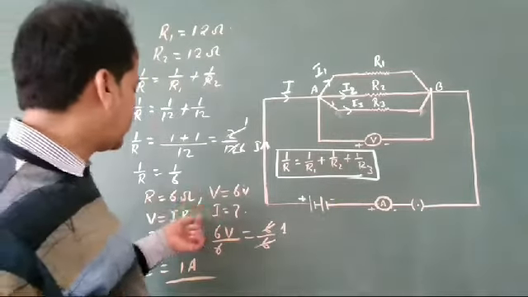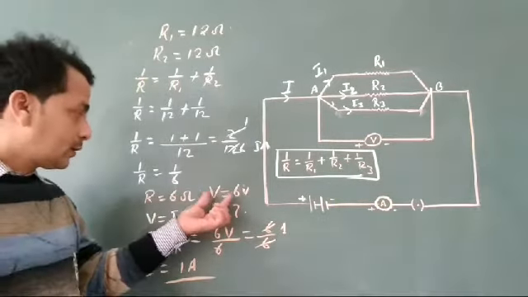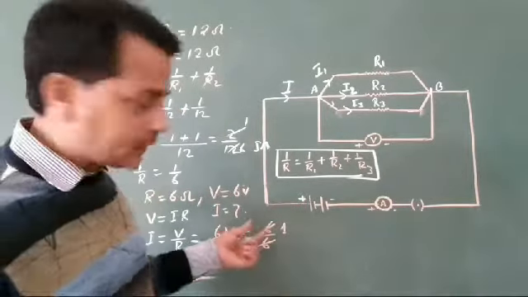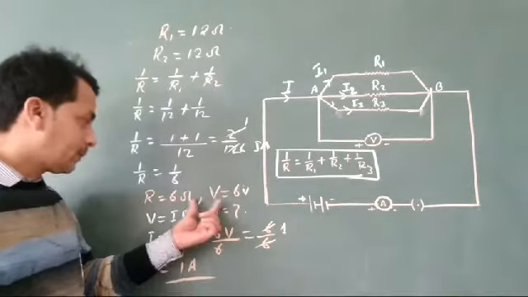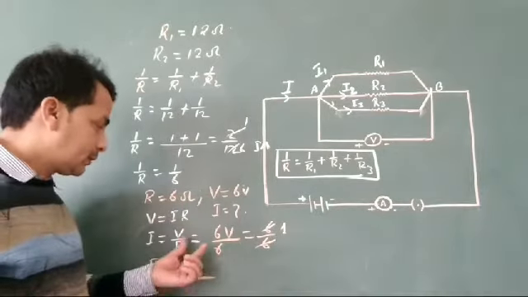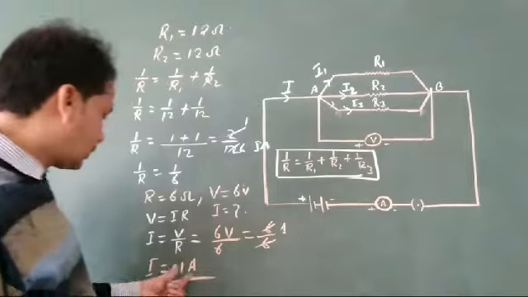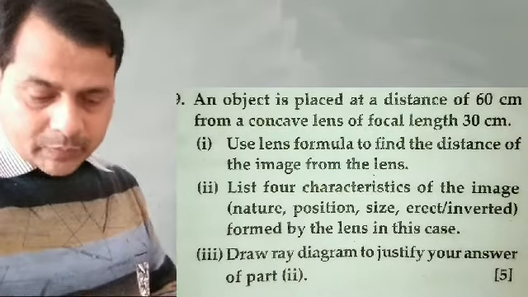So the equivalent resistance is 6 ohm. The potential difference is also given, that is 6 volt. So according to Ohm's law, the electric current I equal to 1 ampere.